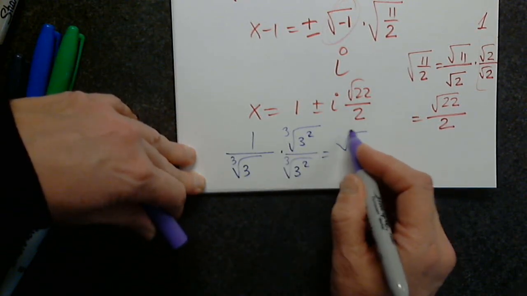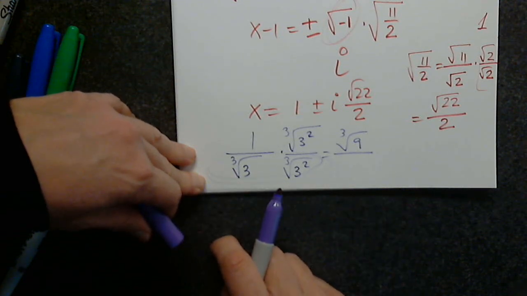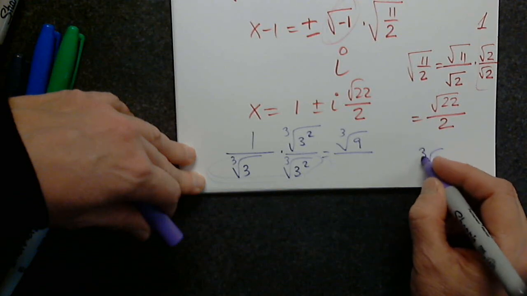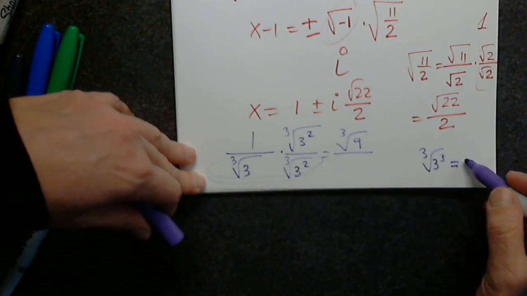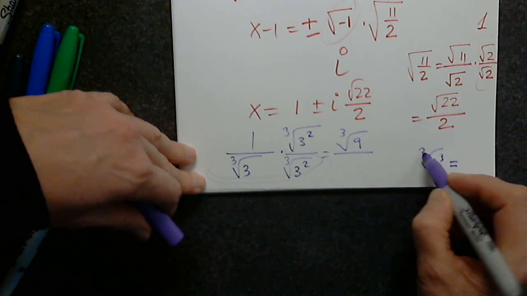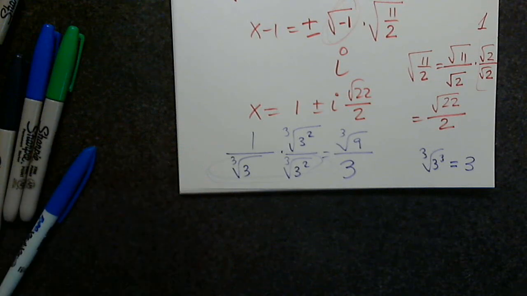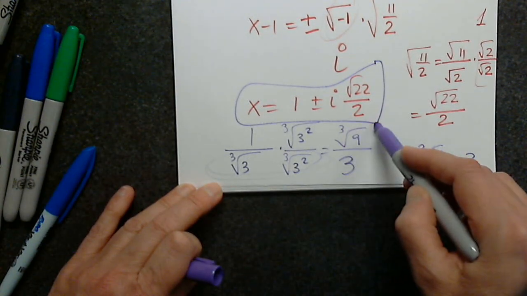So the numerator will be the cube root of 9. But what about the denominator? The cube root of 3 times the cube root of 3 squared is the cube root of 3 cubed, which is 3. So it depends, right? So this is the final answer for our problem.